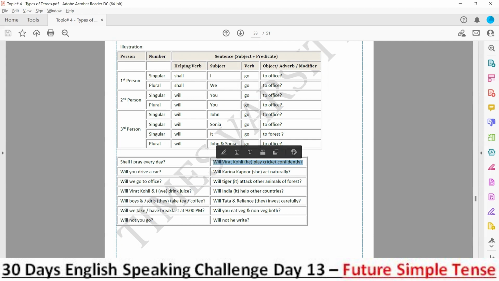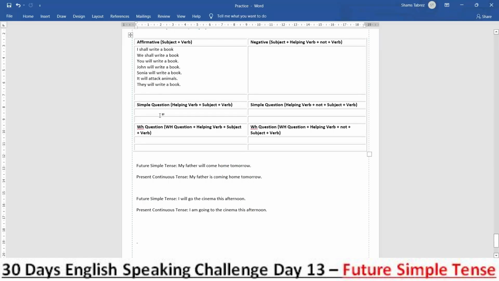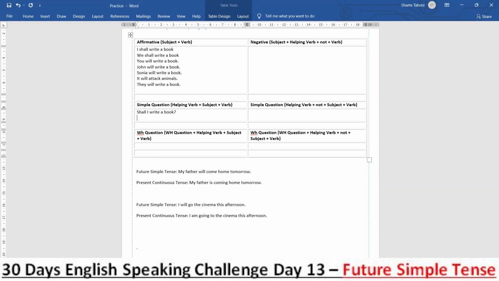Now let's make sentences by using the word. Simple question. Anybody would like to make? Musab, it's your turn. Shall I write a book?